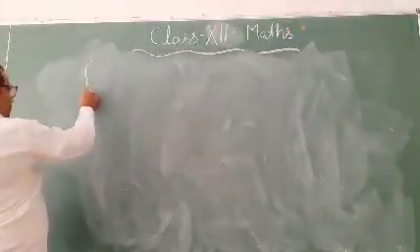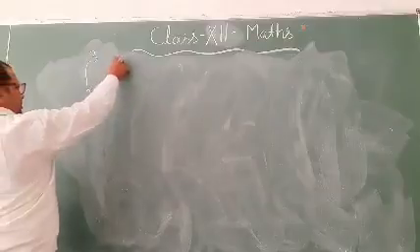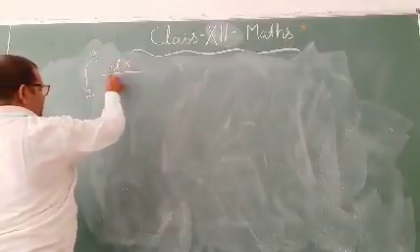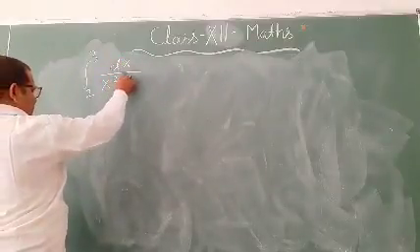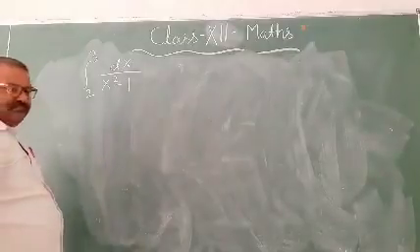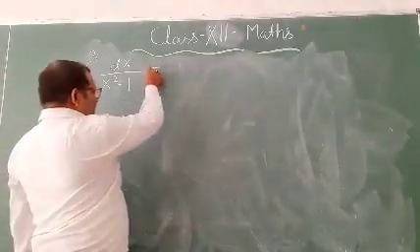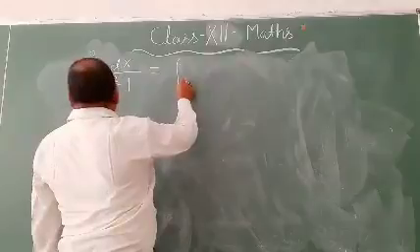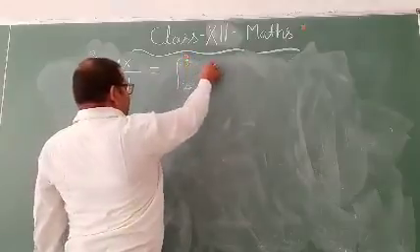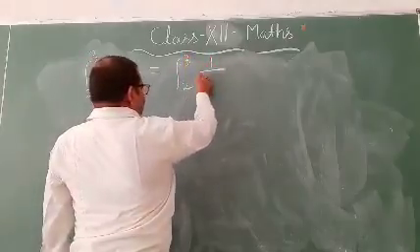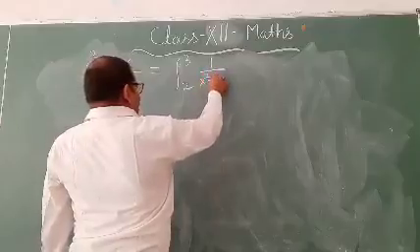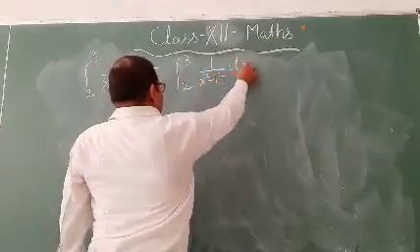Integral from 2 to 3 of dx upon x square minus 1. It can be written as the integral from 2 to 3 of 1 upon (x square minus 1 square) dx.